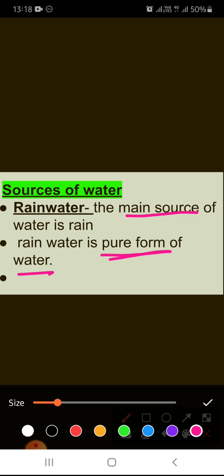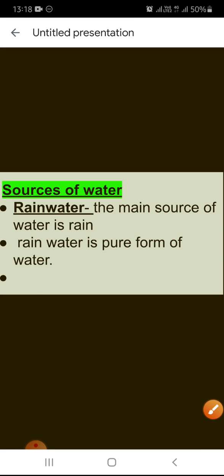Pure form means it does not have any chemicals or any minerals in it. So rainwater is the purest form of water and it is the main source of water on the earth's surface.